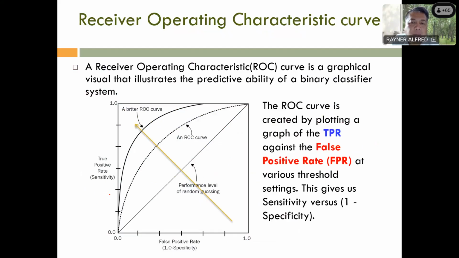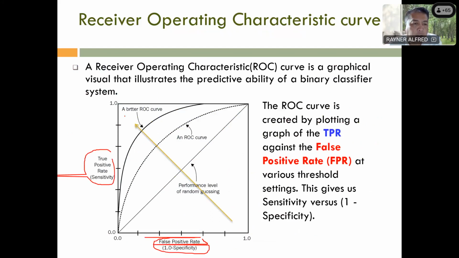Okay, we also look at the receiver operating characteristic, in which we want to evaluate the model that we have. If we look here, this is the true positive rate and this is the false positive rate.